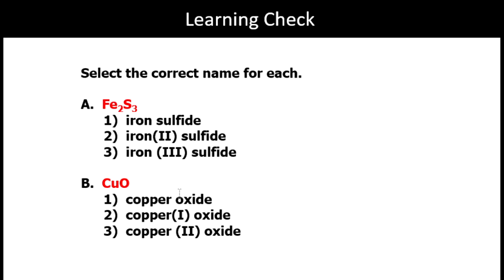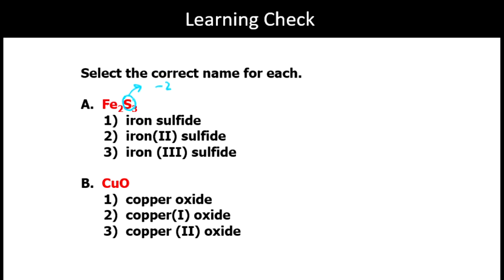Which one is the correct one? Fe2S3, iron sulfide. Iron is a transition metal. How to find what is the charge for that? So, what is the charge for this part? Sulfur is 2 negative.